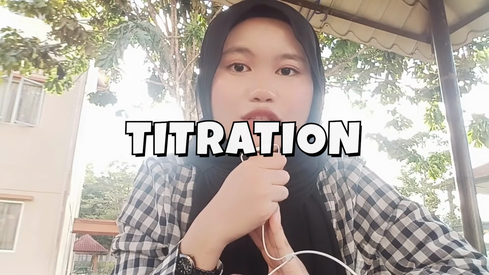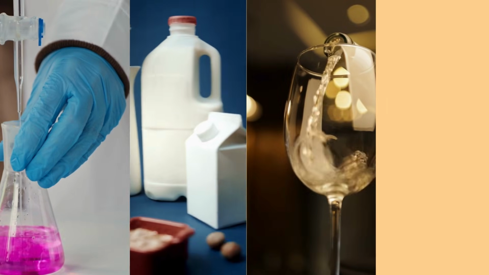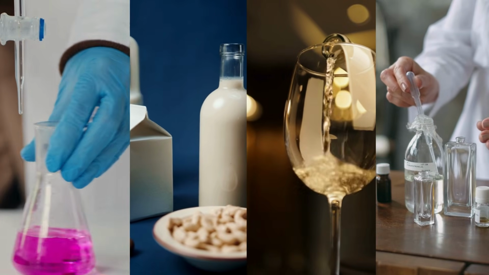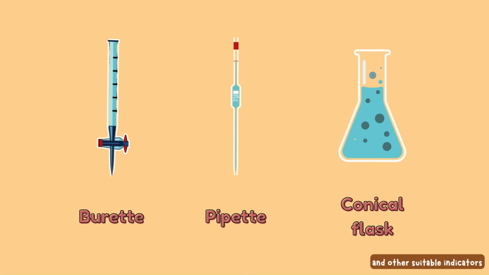This common method, known as titration, is widely used in laboratories, industries, environmental monitoring, food analysis, and pharmaceutical tests. The accuracy of volumetric analysis depends on proper experimental techniques, including the correct use of apparatus such as burettes, pipettes, conical flasks, and suitable indicators.